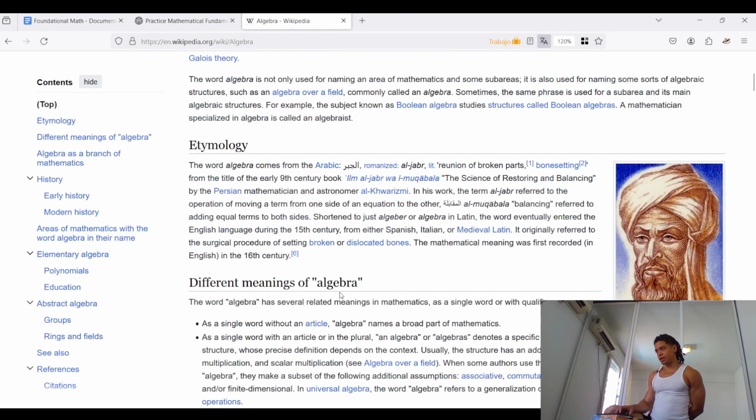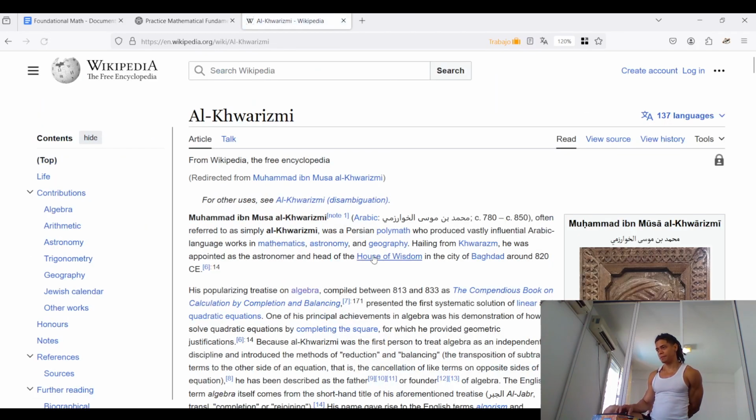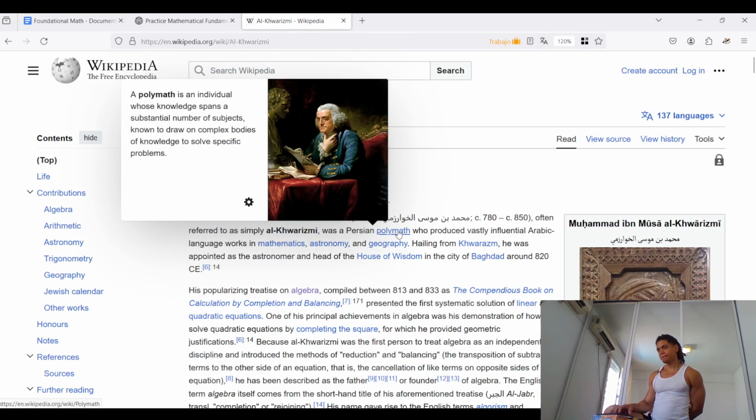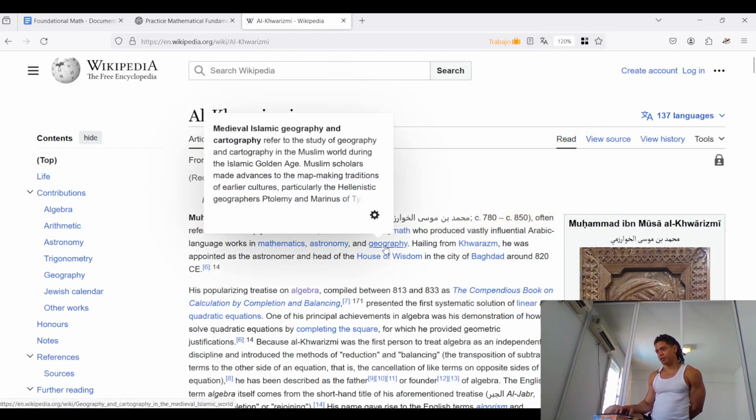But in any case, the word algebra comes from the title of a book by Muhammad ibn Musa al-Khwarizmi. He was a Persian polymath who produced vastly influential Arabic-language works in mathematics, astronomy, and geography.